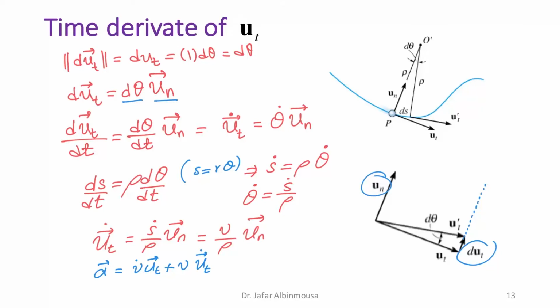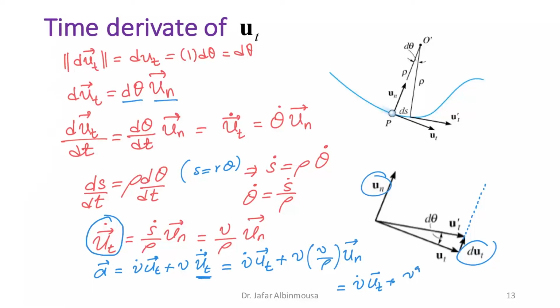Now if I substitute this in here, I get v dot ut plus v multiplied by v over rho un, which is indeed the famous equation v dot ut plus v squared over rho un.